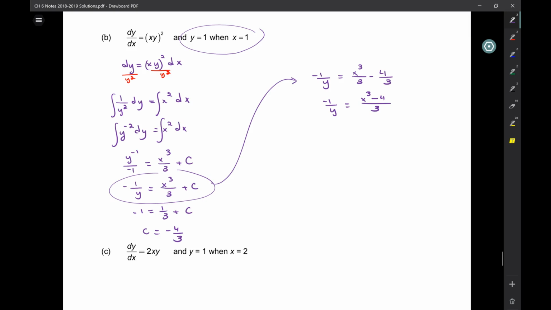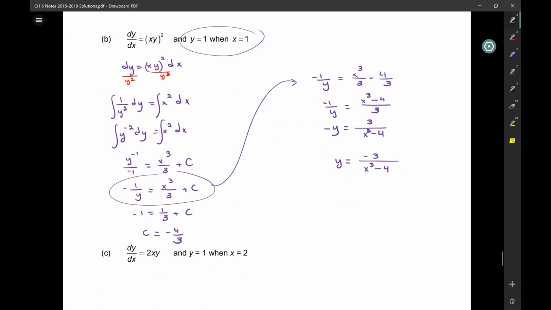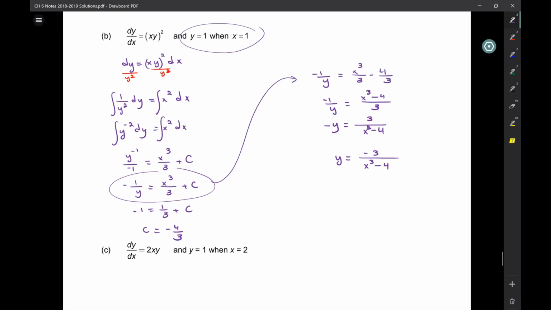So if that's 1/y, then when I flip it, -y equals 3 over x cubed minus 4. So y equals -3 over x cubed minus 4. And here we only got one choice, so I don't have to do that other part about deciding between the two. That's the answer.